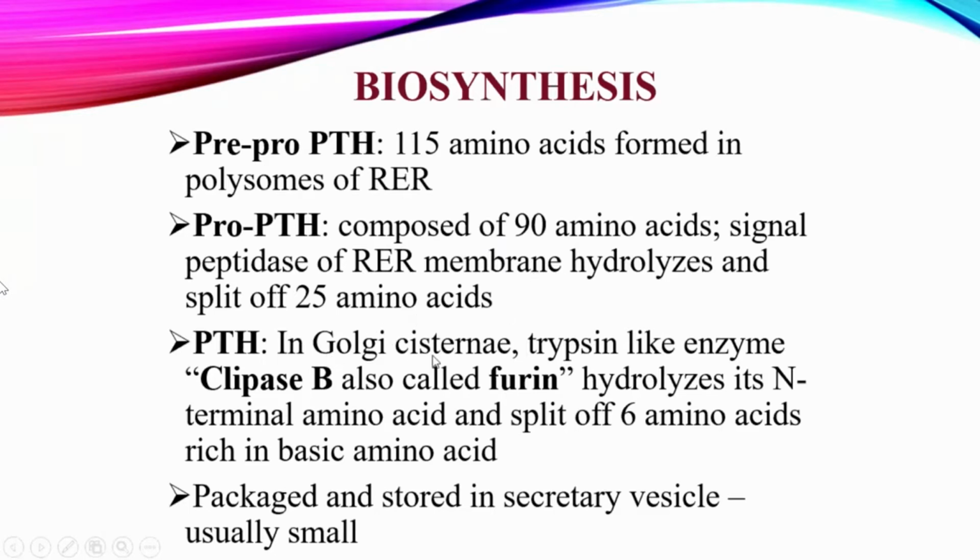In the Golgi apparatus, with the help of the furin enzyme, hydrolysis takes place at the N-terminal. Six amino acids are removed, and it forms the active parathyroid hormone. In this active form, it is released into the cytoplasm and packed in secretory vesicles.